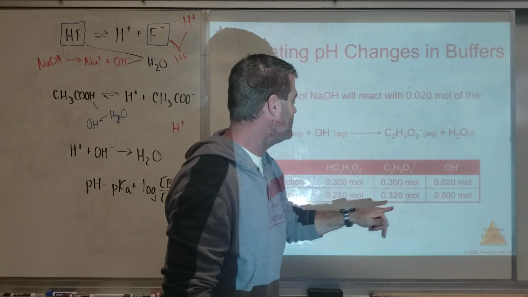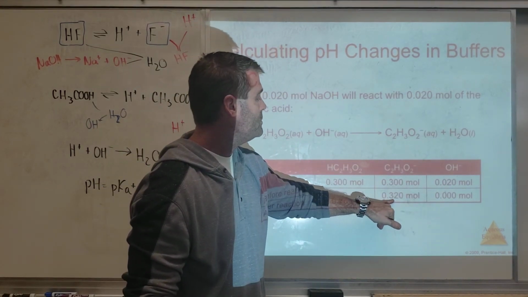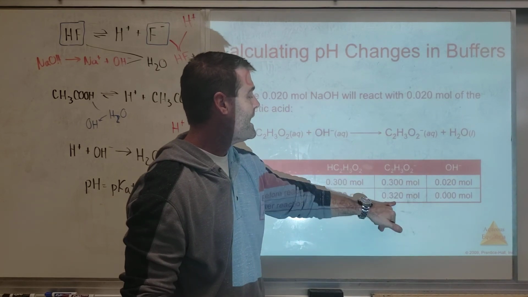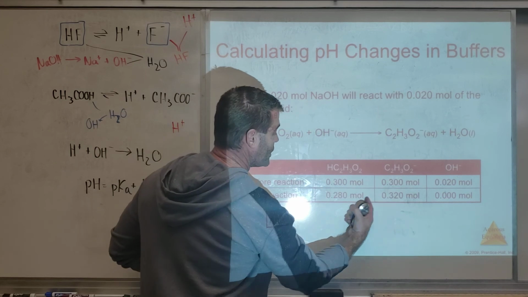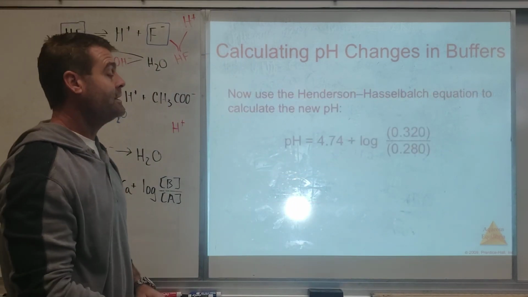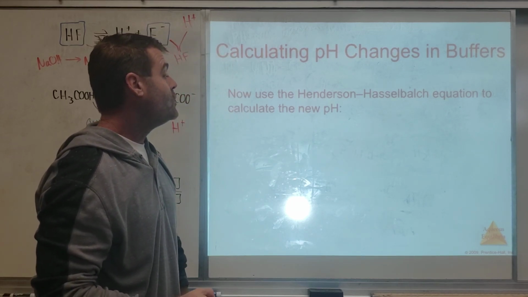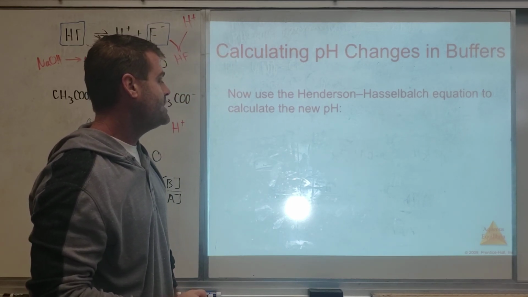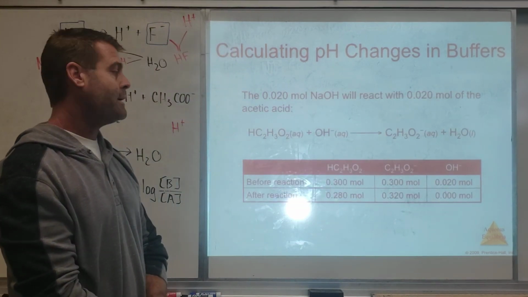And for every 0.02 moles that combines with acetic acid, we form an extra 0.02 moles of acetate ion. And then all of the hydroxide is used up. Then those are going to be the concentrations that we use in our Henderson-Hasselbalch equation.